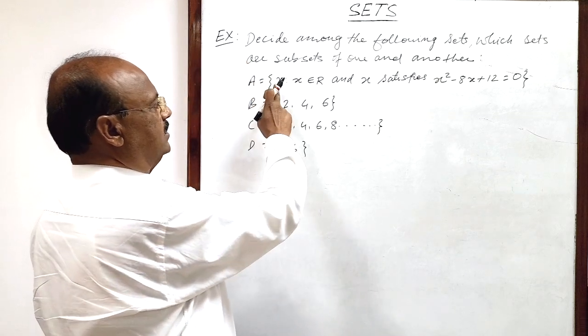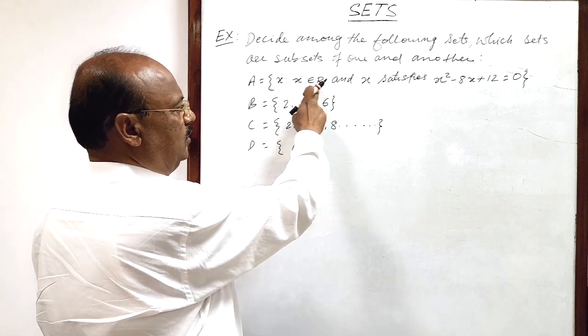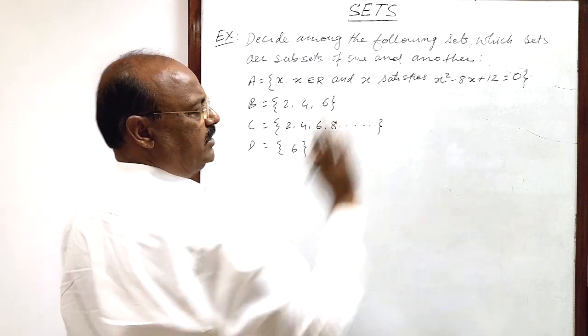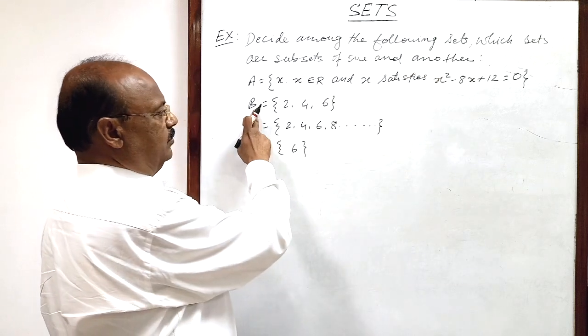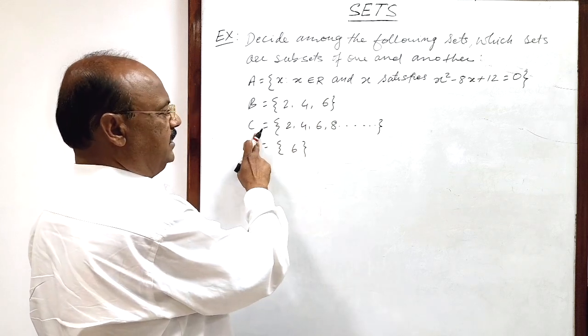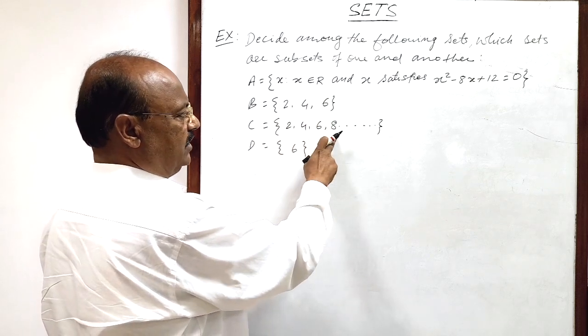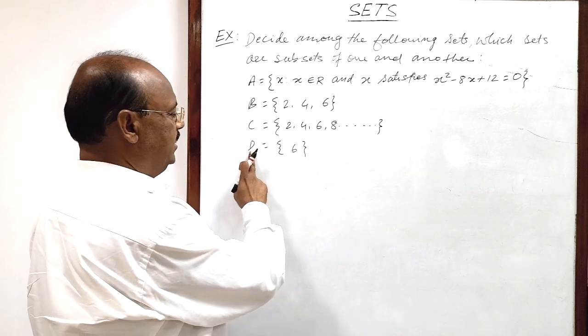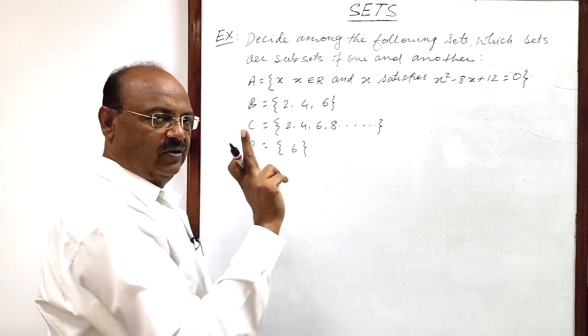Set A is the set of elements x such that x belongs to the set of real numbers and x satisfies this quadratic equation. Second, set B is given here having elements 2, 4 and 6, and set C having elements 2, 4, 6, 8 and so on, meaning all even natural numbers, and set D consists of one member only, 6.